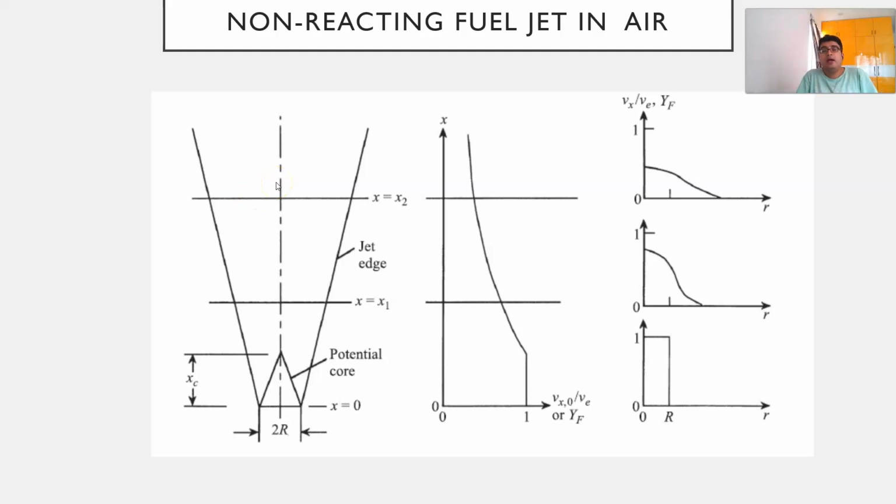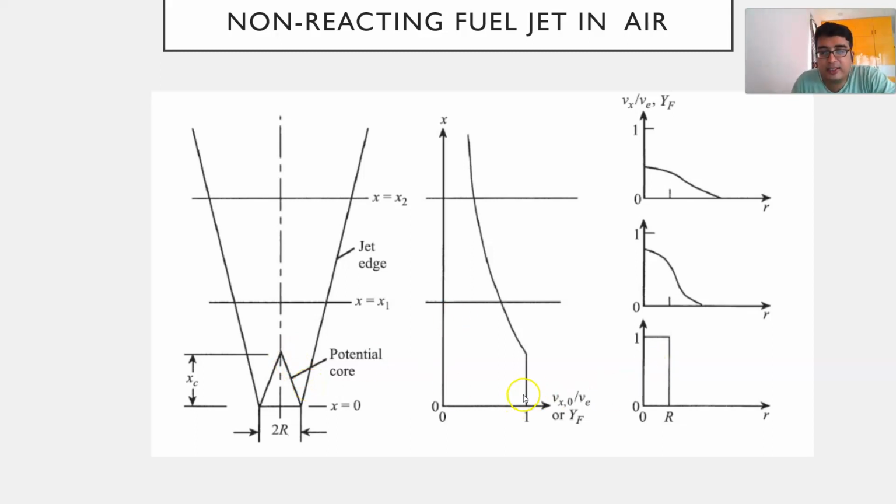This graph here just plots the x component of velocity along the central axis of the jet. Up to the potential core, the velocity remains 1, because up to this point the central region of the jet has not felt any effect of the air entrainment at all, because the mixing boundary layers have not yet converged to the central axis.